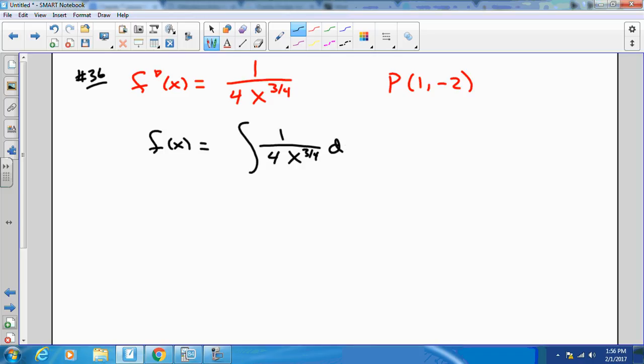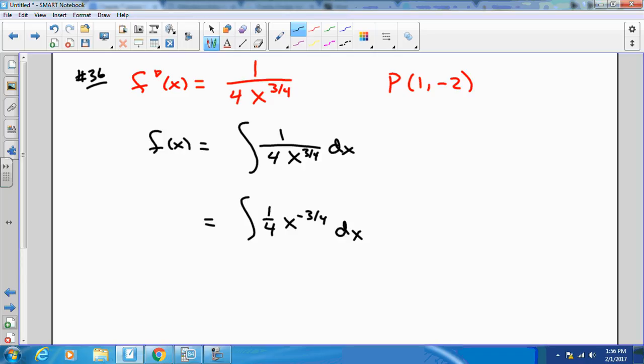F of x equals the antiderivative of the derivative. And just as we did a couple of problems back, let's do a little bit of algebra first to try to get some inspiration, because having that x to the 3/4 in the denominator there was just not going to be helpful.